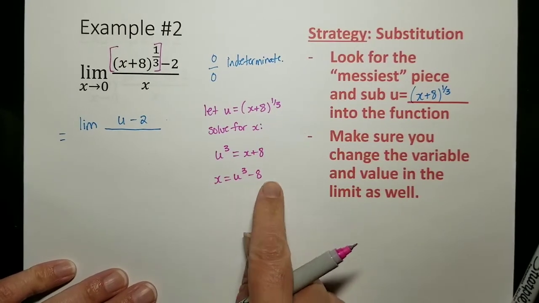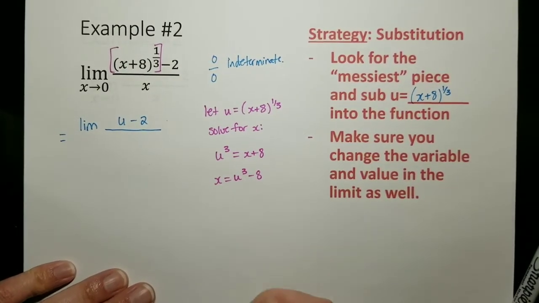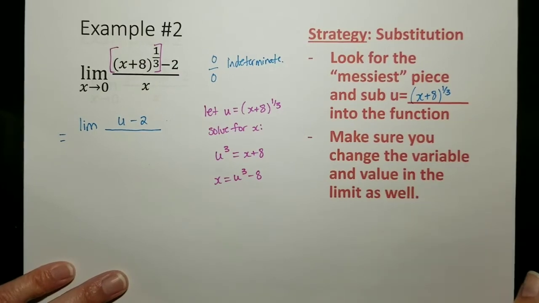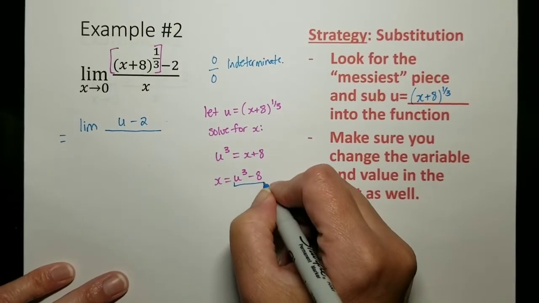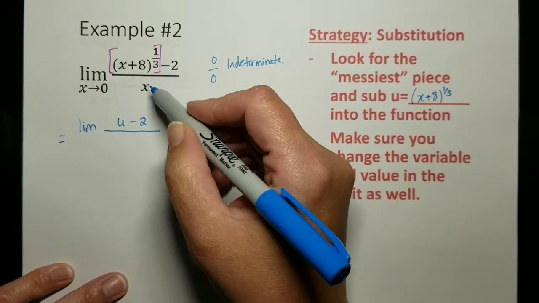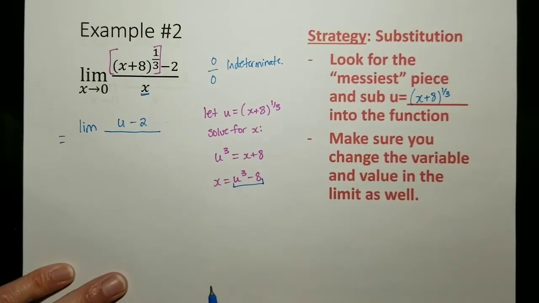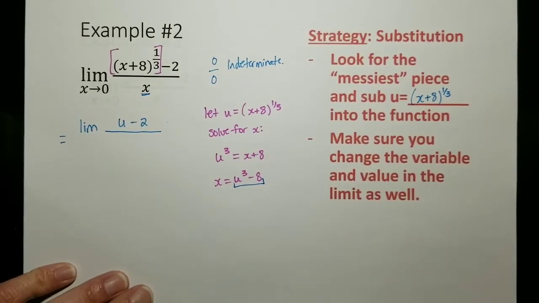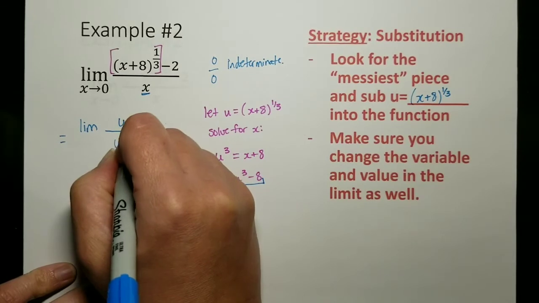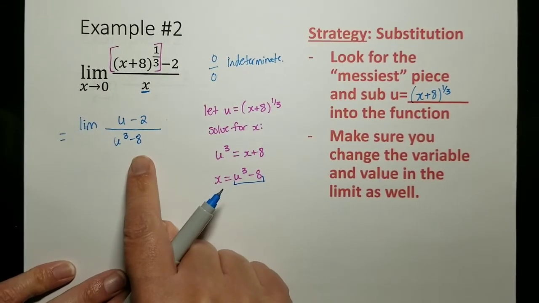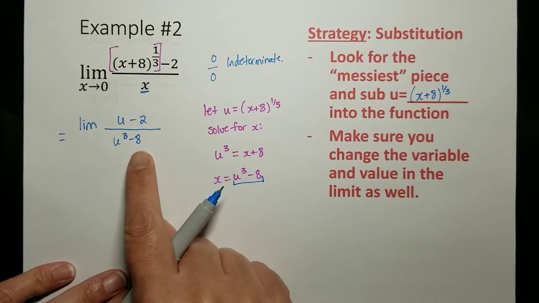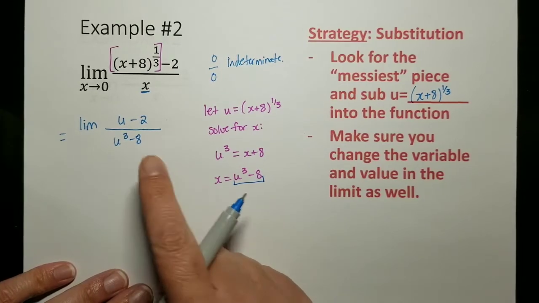So that's okay. That's still not terrible, right? I don't have that bad cubed root situation happening anymore. So I'm going to take this and sub it in up here for that x. Well, I'm going to in the next line, of course. Okay, so then I've got u cubed minus 8. This looks a lot better. Okay, it feels like something that I can deal with.